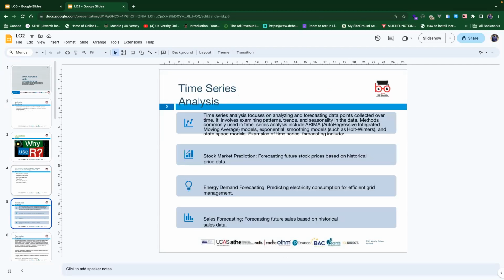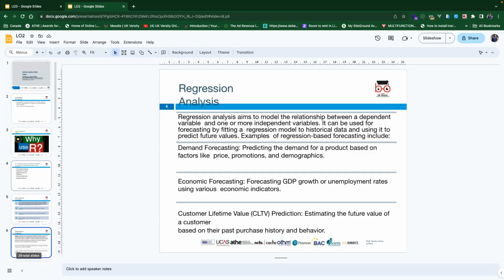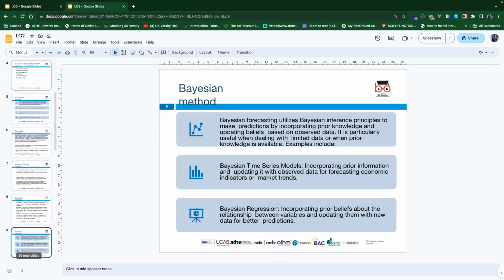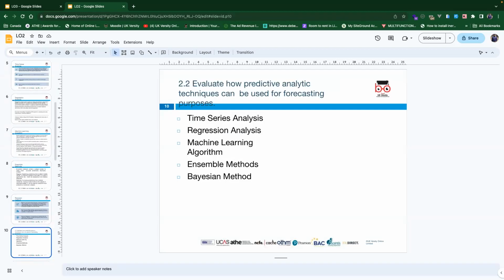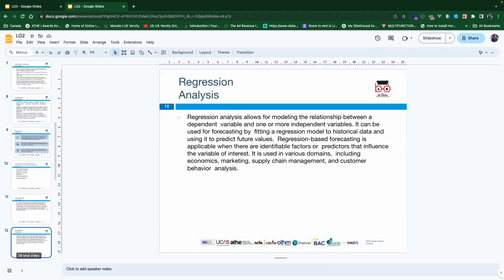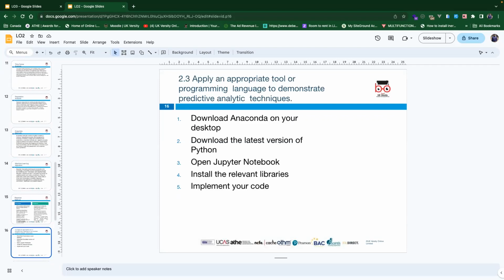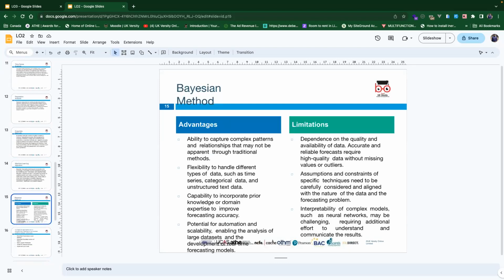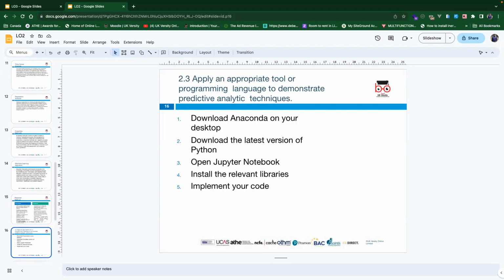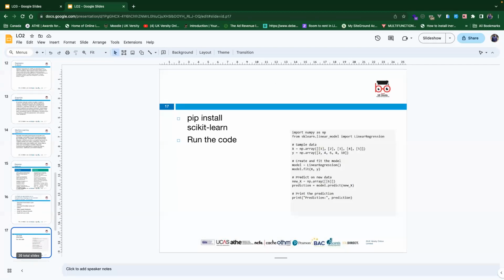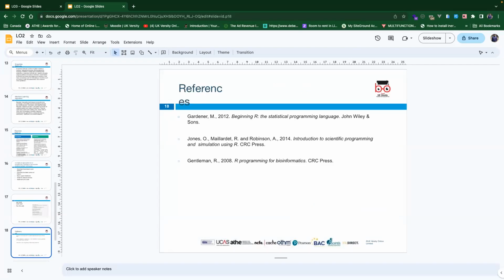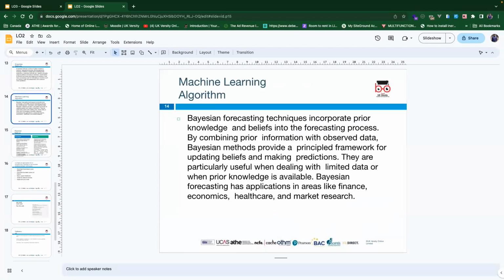We also spoke about the Bayesian method, and the limitations and advantages of the Bayesian method. We spoke about how to install Anaconda and how to run a Python code, and among other things.